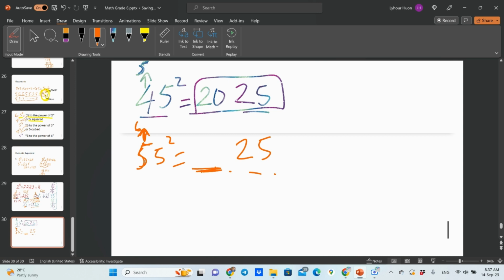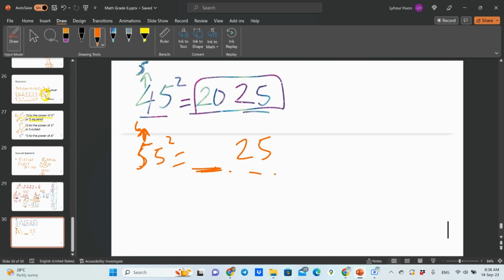So 5 has to be multiplied by 6. 5 multiplied by 6 is... Is it 3,025?